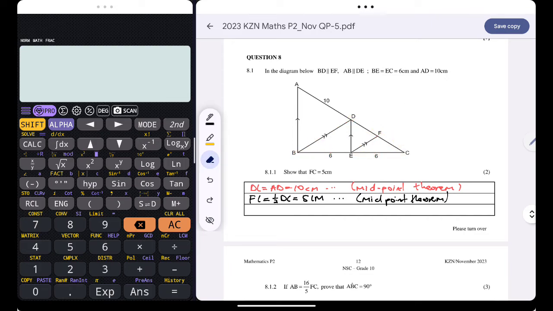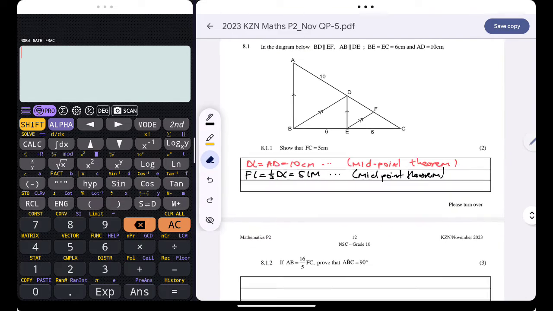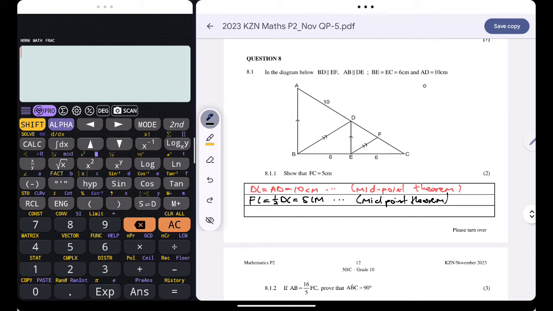They're telling us that AB is equal to 16 over 5 multiplied by FC, right? But remember that FC is equal to 5 centimeters.